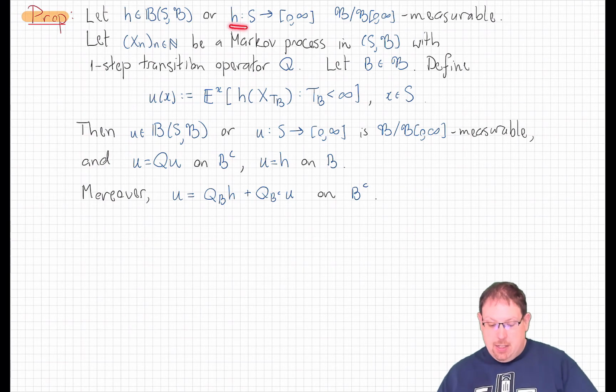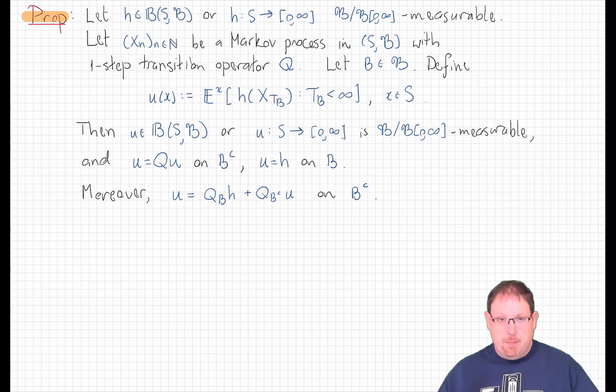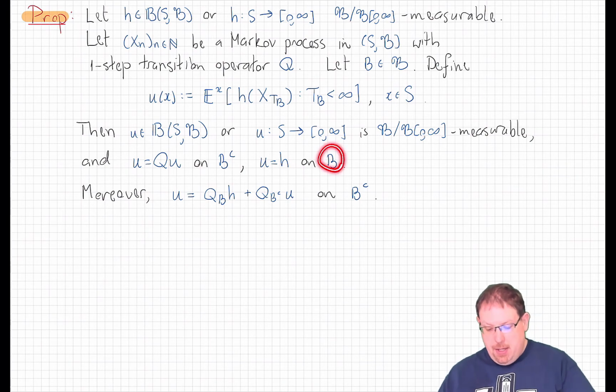If h is a non-negative function, then so is u. And in either case, u is a solution of this fixed point equation. U is equal to QU on the complement of the set B, whereas on the set B, u is just equal to h.